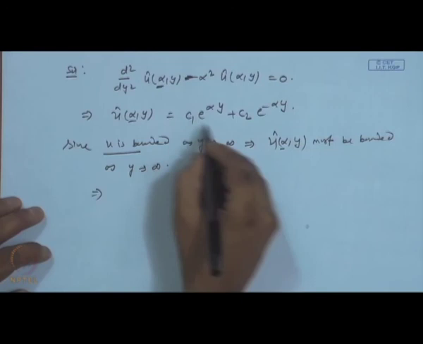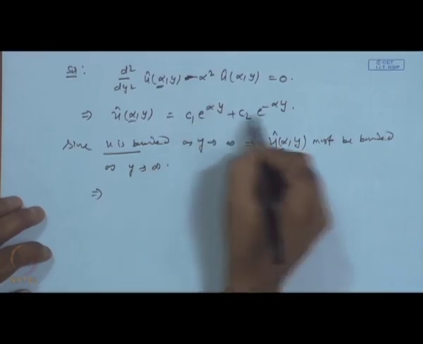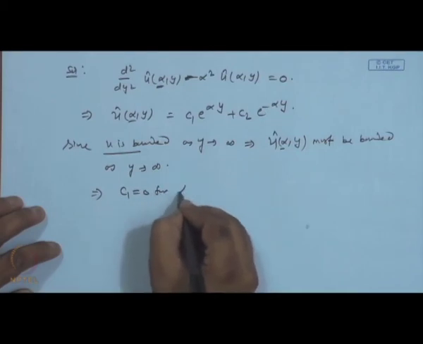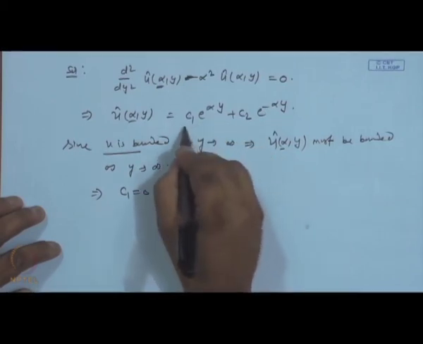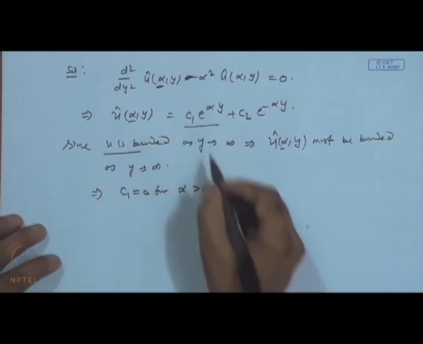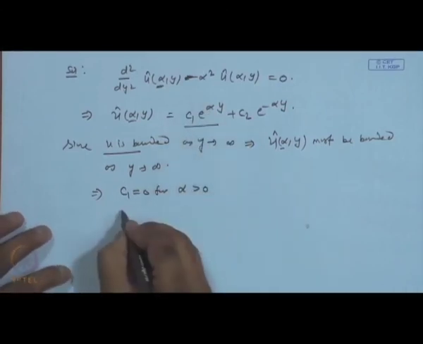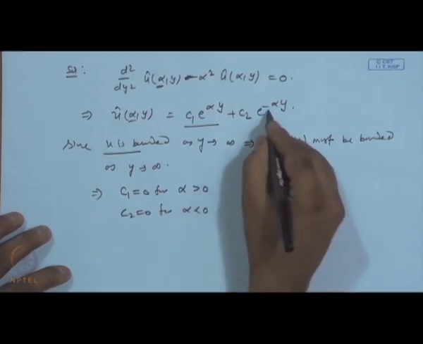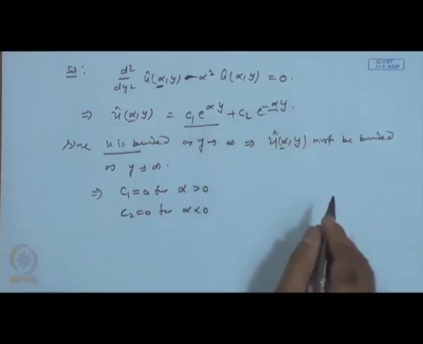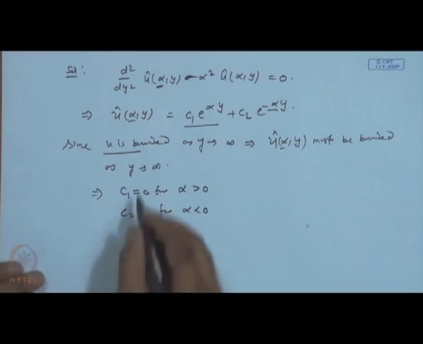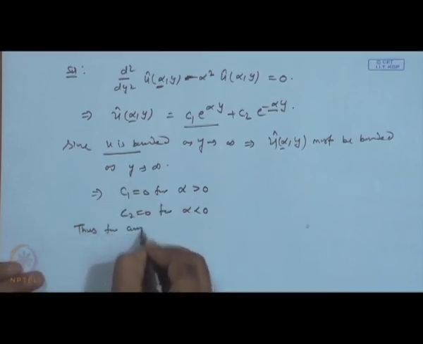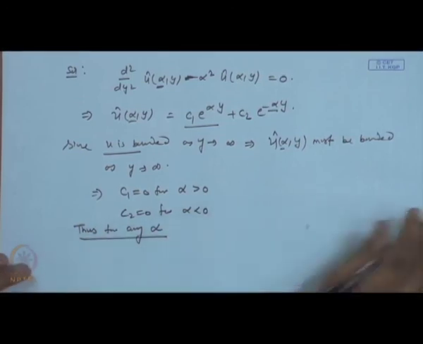And this will tell us, because here we have e^(αy) and e^(−αy), that C1 is 0 for α positive, because otherwise this will blow up. To have this boundedness, C2 will be 0 for α negative, in that case this will be unbounded.